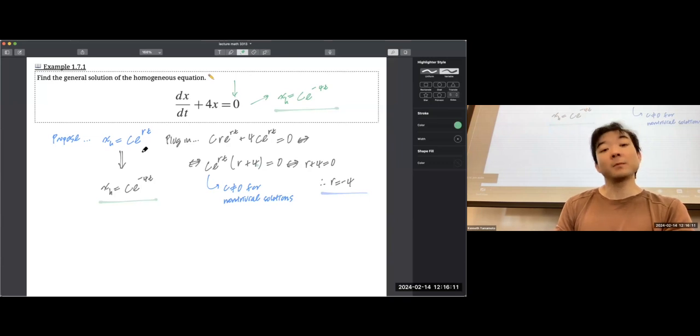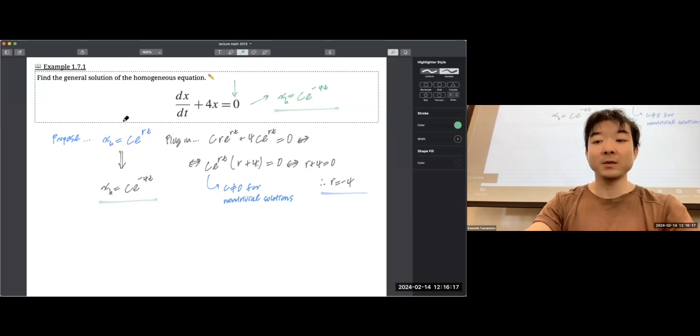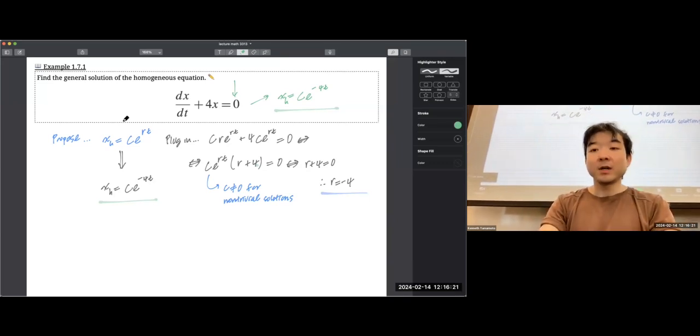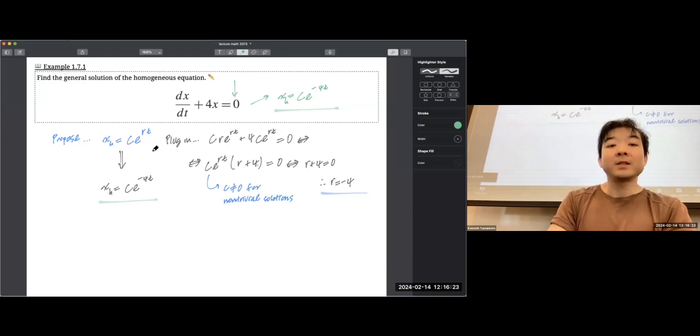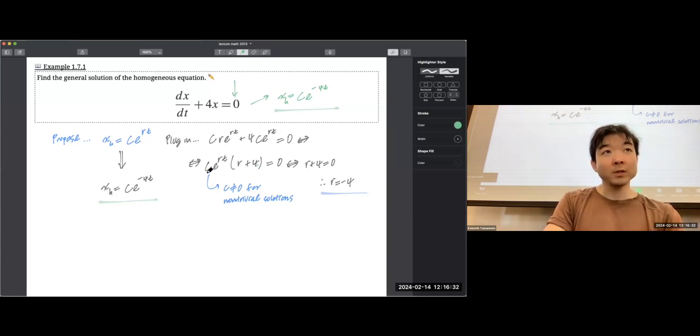And it was not that much of a stretch to think that this would be a good solution form, because this is the way that you can get your two terms on the left-hand side of this equation to contain e to the rt, where you might find c's and r's that will get the left-hand side to equal 0. C equal to 0 will be one of the solutions.